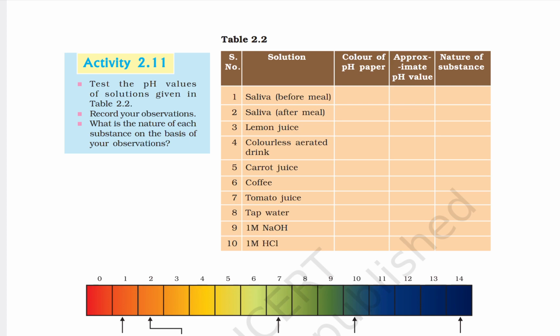First one, saliva before meal they are asking. If you observe that, you will find greenish yellow color, and the approximate pH value will be around 7.4. So you have to say it is greater than 7, slightly basic in nature.